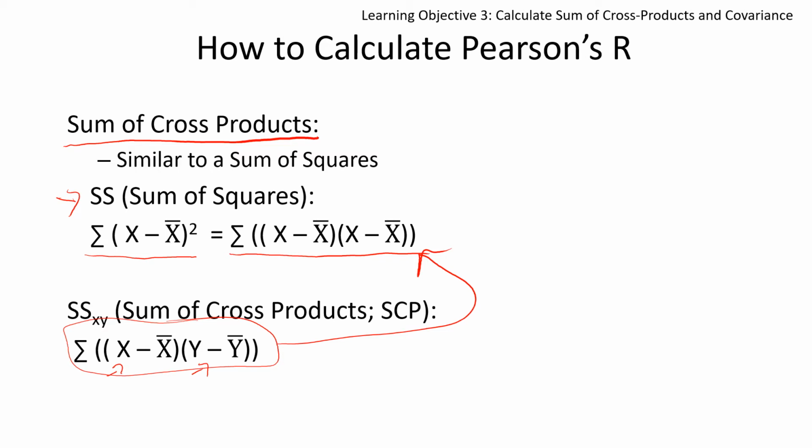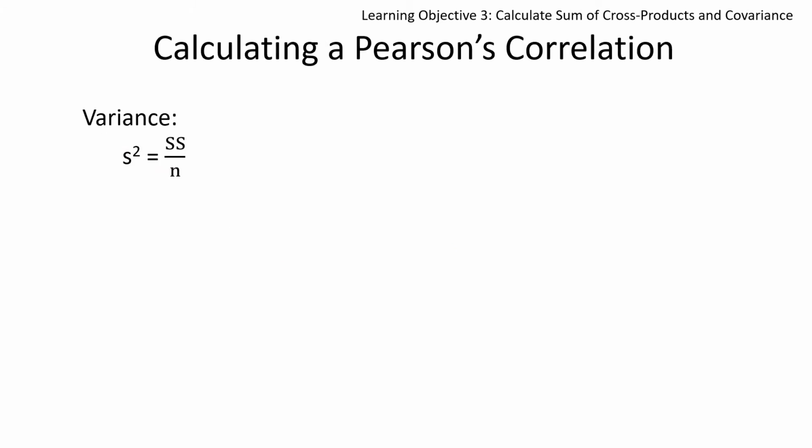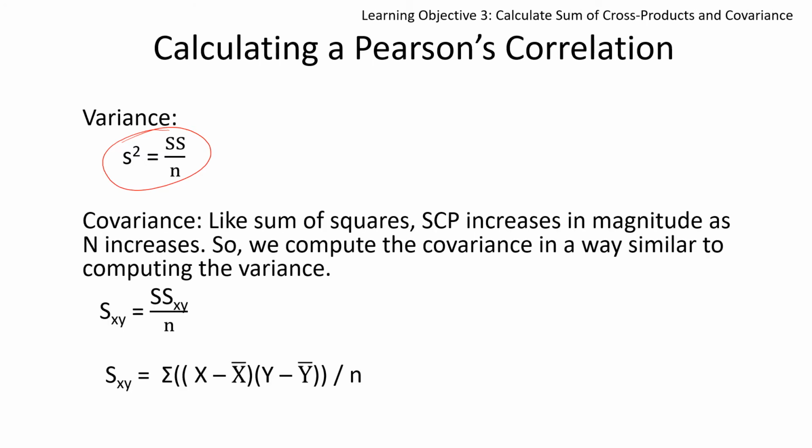Okay, so now you've got your sum of cross products, just like the sum of squares. Well, when we were getting to standard deviation, the second step after you got sum of squares was to calculate the variance. And the variance was just the sum of squares divided by n. Well, when you've got two variables, you aren't looking at one variance, you're instead looking at covariance, the variance between the two.